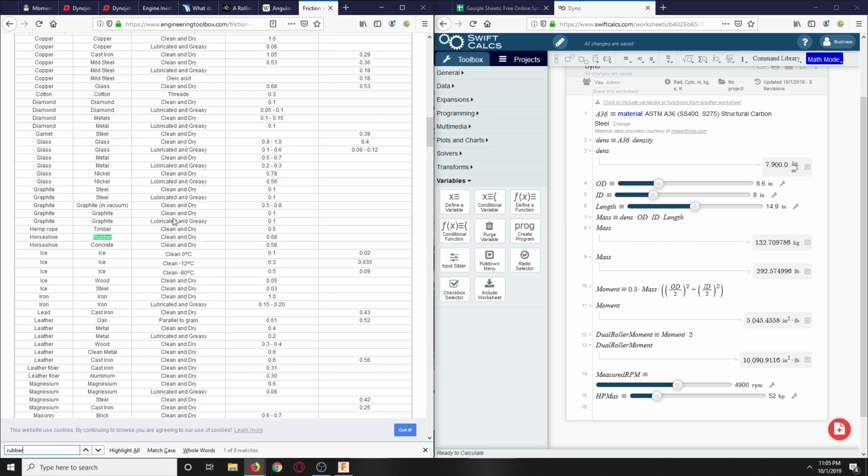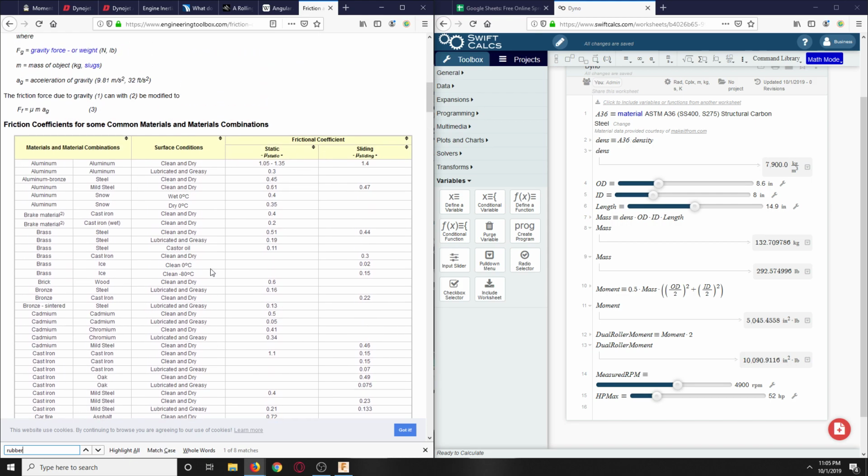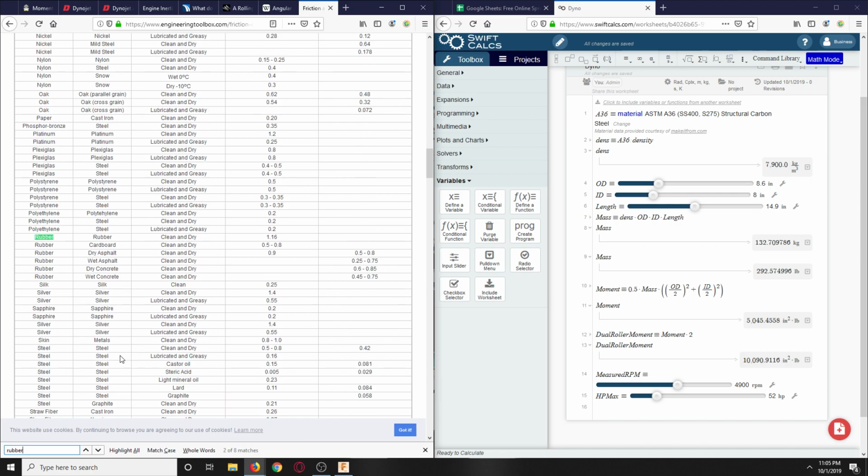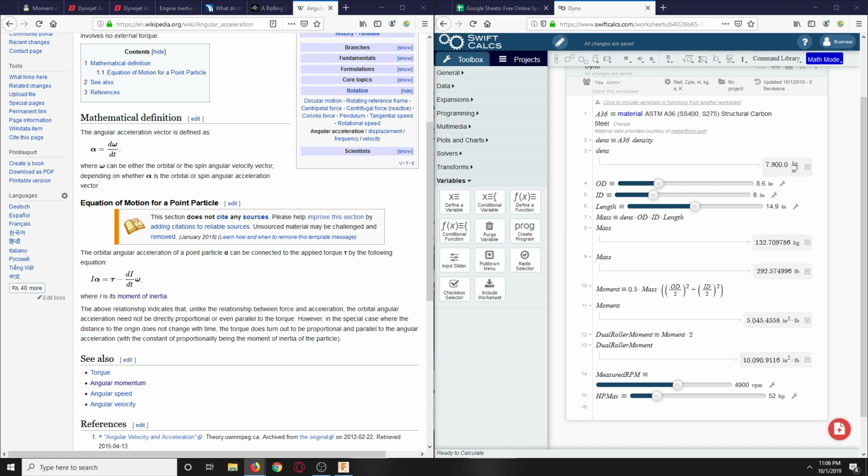Rubber on rubber, rubber on dry asphalt, wet concrete. So it has it on asphalt, but not steel. So rubber and steel coefficient of friction.